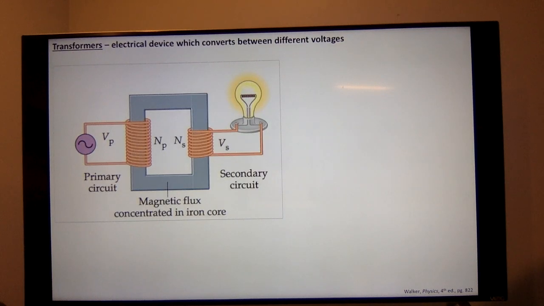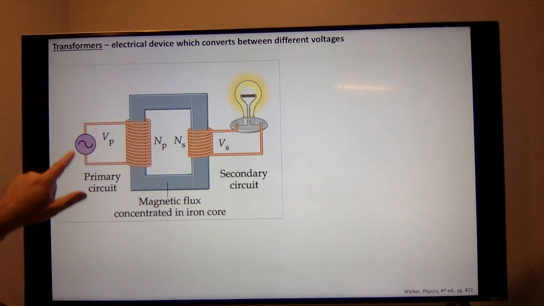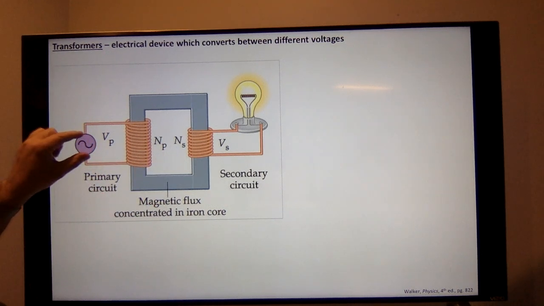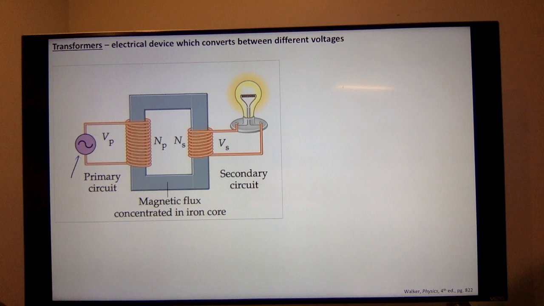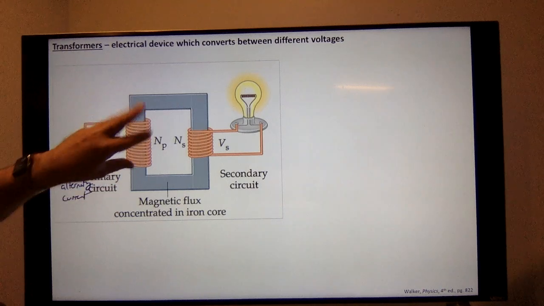Transformers are another application, and we're not going to do anything with the calculations of this. Let me just point out that this is an electrical device which converts between different voltages. And it turns out, if you take a look at this diagram, notice I'm going to put in some electrical energy, but specifically in the form of alternating current, which means that the magnetic field that's being created by this coil of wire is always in flux.